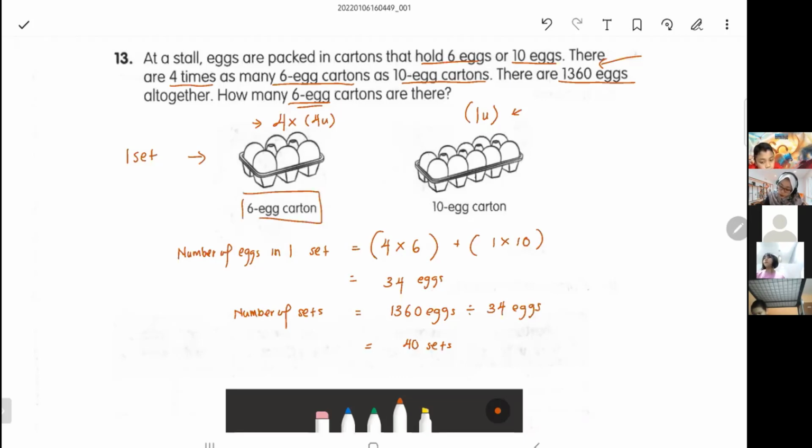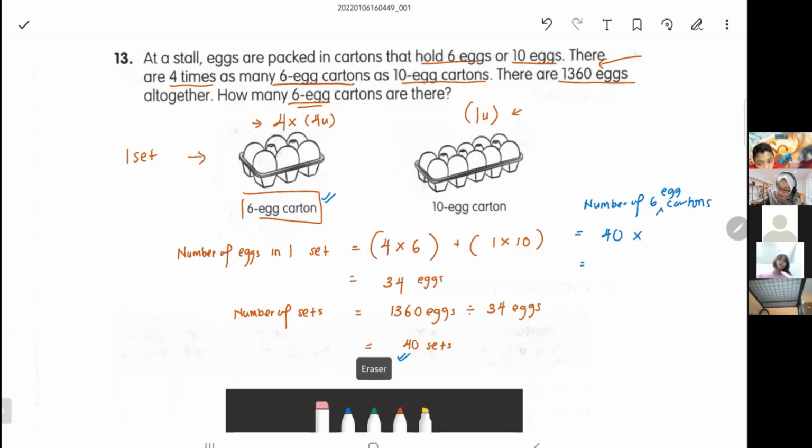It is 4 units, right? So what you're going to do is number of 6 egg cartons equals 40 sets times 4, not 6.